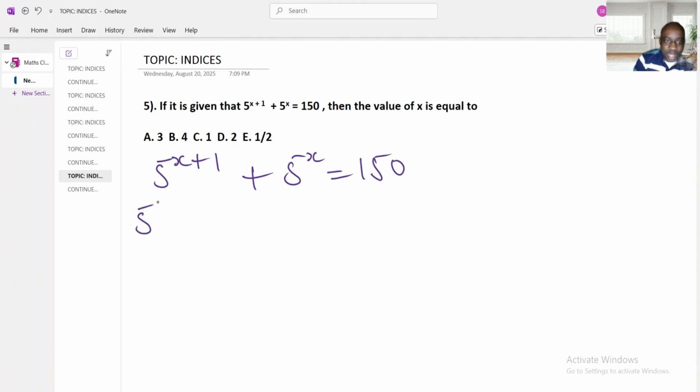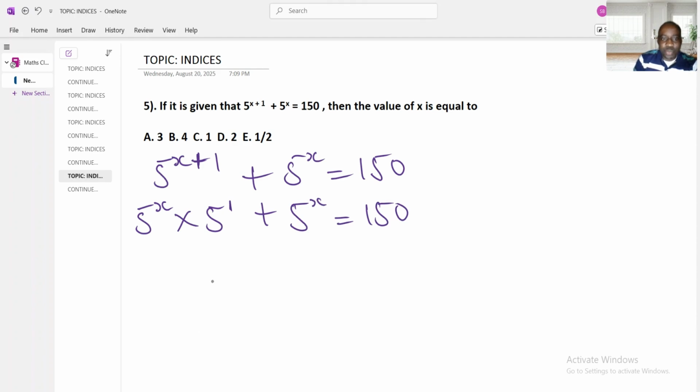It's the same thing as 5^x multiplied by 5 power 1. It means that this is the way it was before it was joined like this, plus 5 raised to power x equals 150.